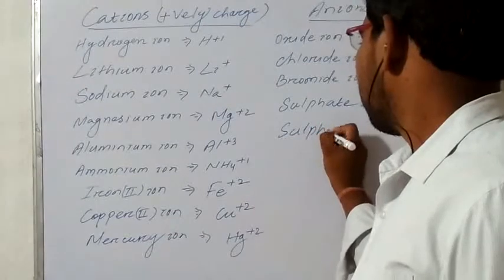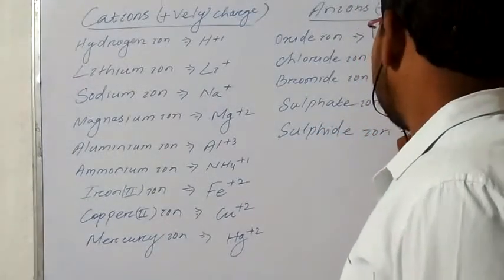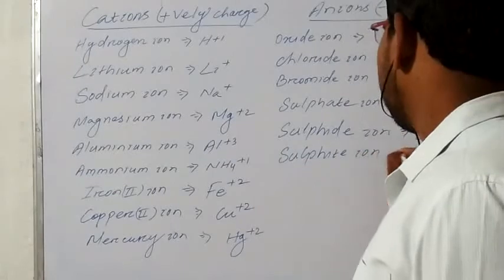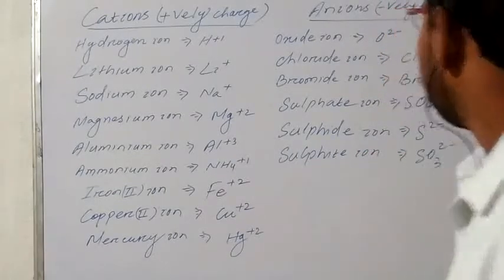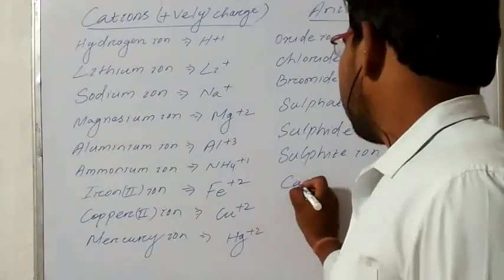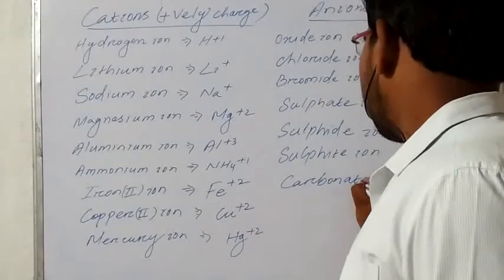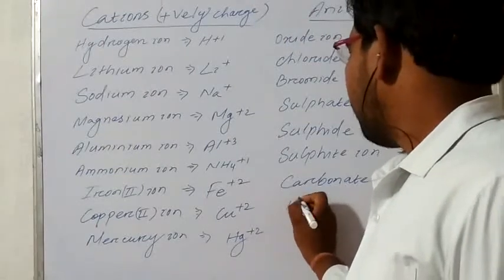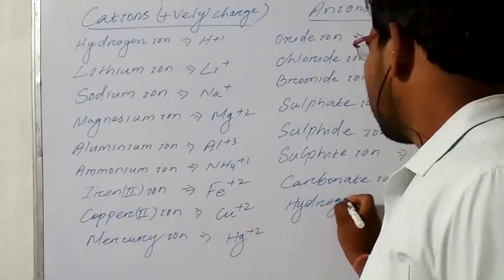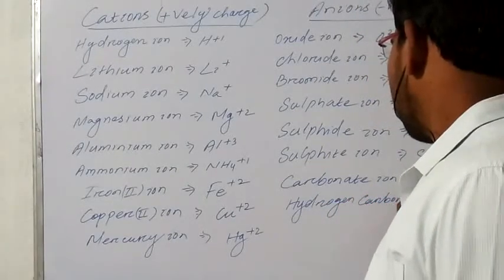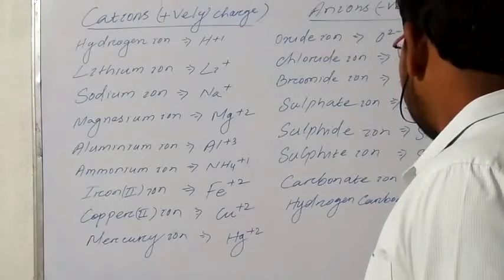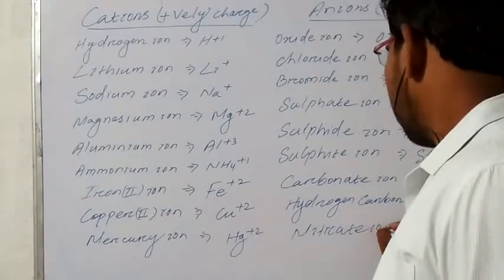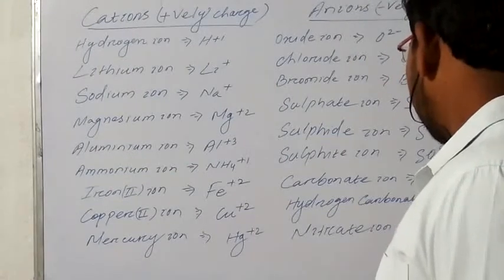sulfide ion, that is the S2 minus, sulfite ion, that is the SO3 2 minus, and another one is carbonate ion, that is the CO3 2 minus, hydrogen carbonate, that is HCO3 minus, nitrate ion, that is NO3 1 minus.